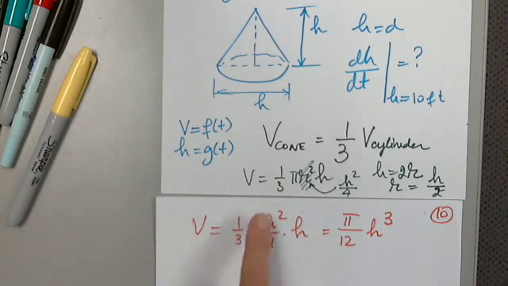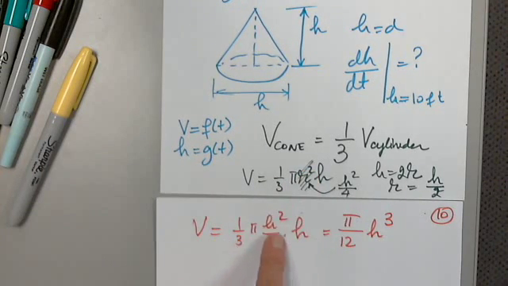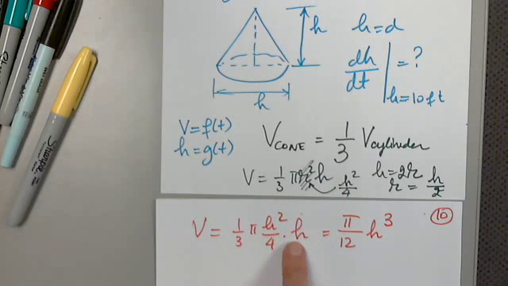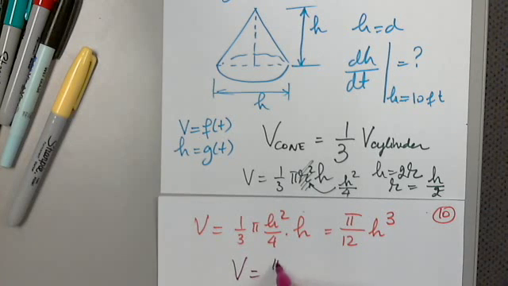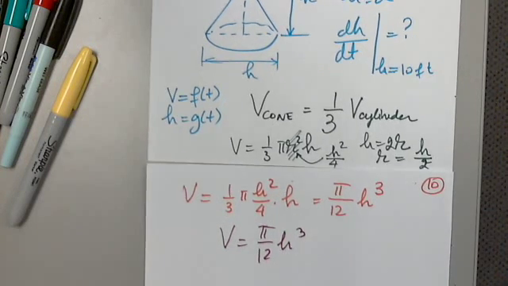So 1/3 and pi, and this gets replaced by H squared over 4 times H. So pi and 12, and H squared times H is H cubed. Now I'm going to write it one more time because I'm getting it ready to differentiate implicitly.